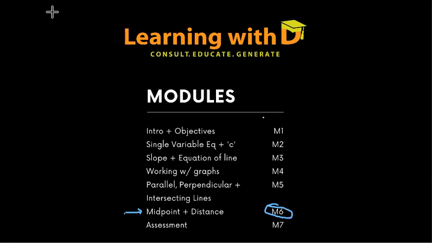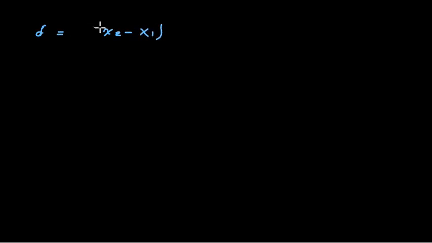So if we want to find the distance of a particular segment, we're going to use what we call a distance formula. The distance formula, D, is going to be x2 minus x1 quantity squared plus y2 minus y1 quantity squared.